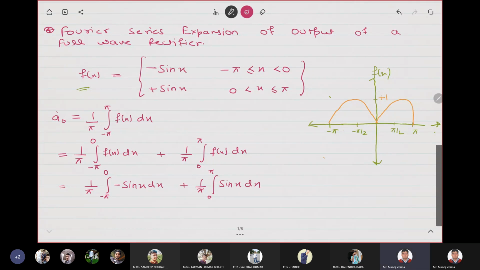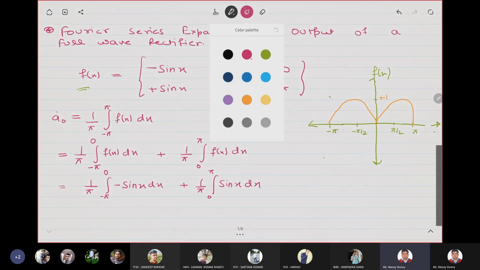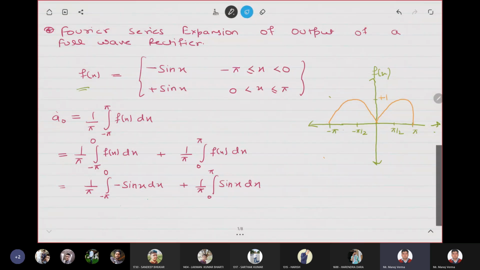So again, I will be doing the same thing like we have done in the previous half wave rectifier example. I will replace x with minus x. Similarly, I have to interchange dx with minus dx. And of course the limits will change: 0 will remain 0 and minus pi will now become pi.